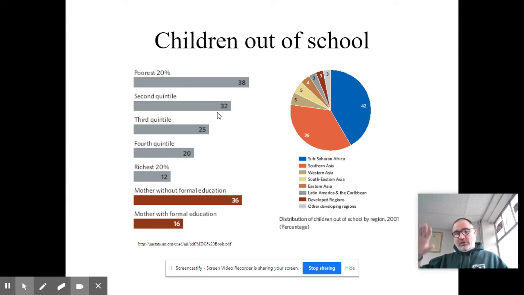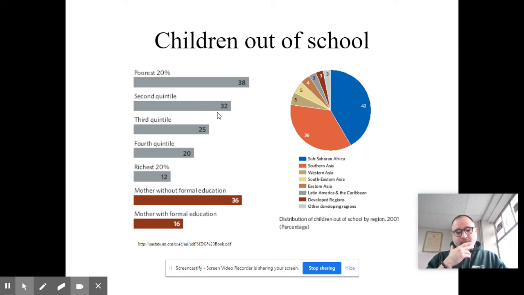So you have the richest fifth, the next richest fifth, the middle fifth, the second poorest fifth, and the poorest fifth. And again, not surprising to see that among the bottom 2 brackets there, we're talking about almost 38% of the kids in that poorest 20% out of school. You got 32% of the kids in that next group out of school. So you're talking about a large amount, about a third of the kids in each of those 2 lowest brackets out of school.